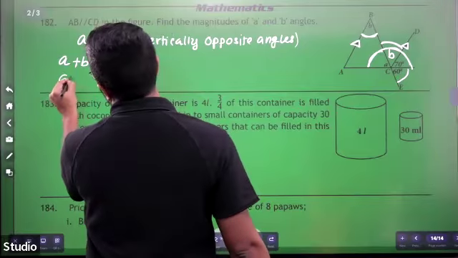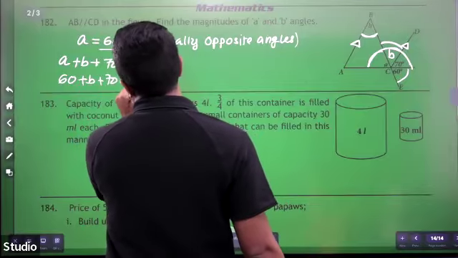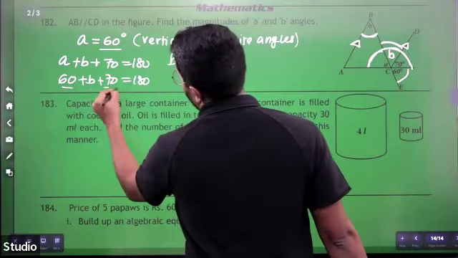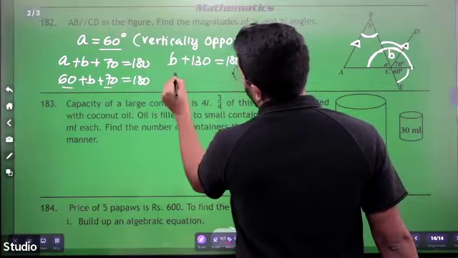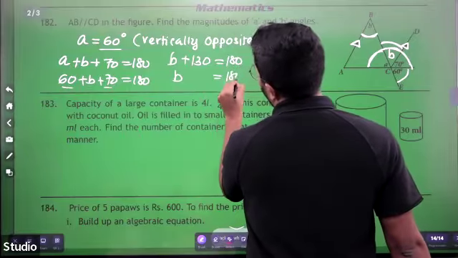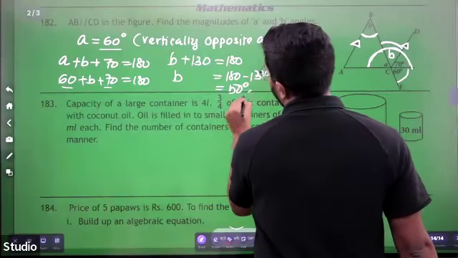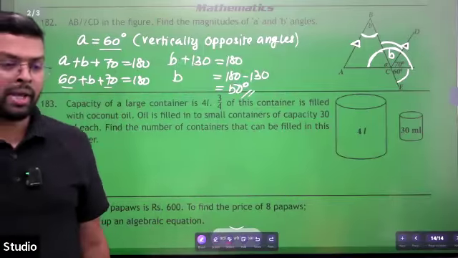A was found as 60, so 60 plus B plus 70 equals 180. B plus 130 equals 180. B equals 180 minus 130. The magnitude of the angle B is 50 degrees. Clear? Am I correct?